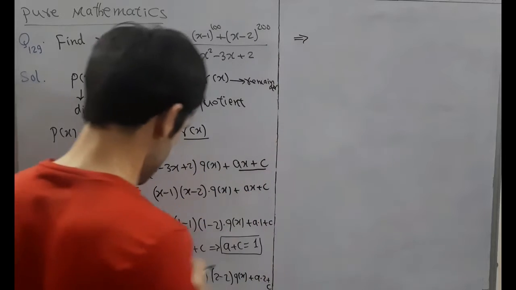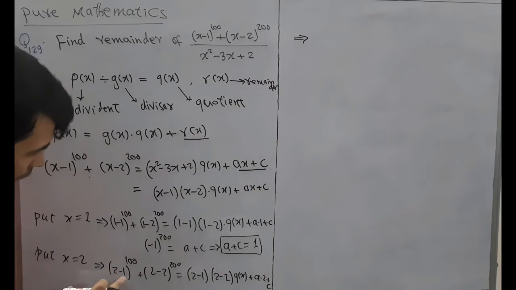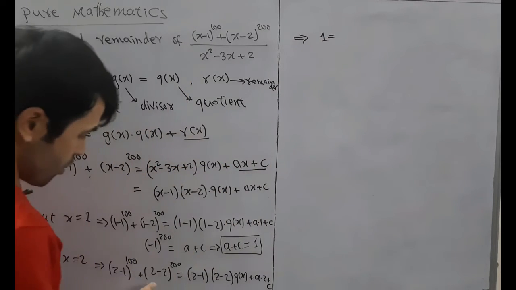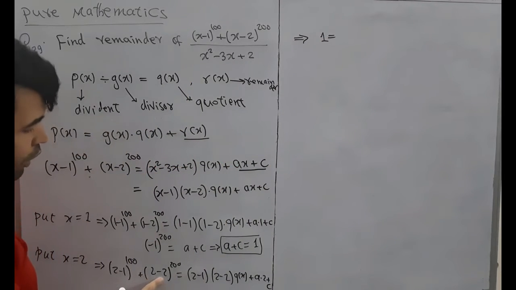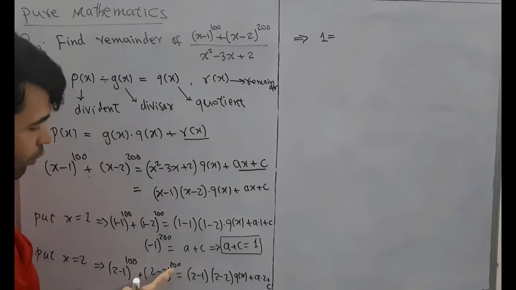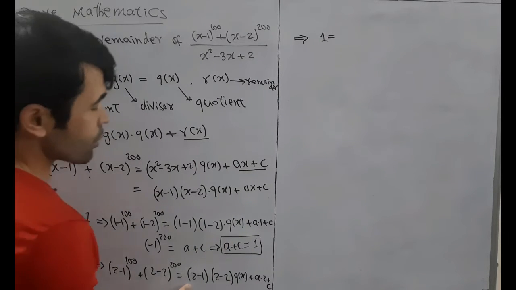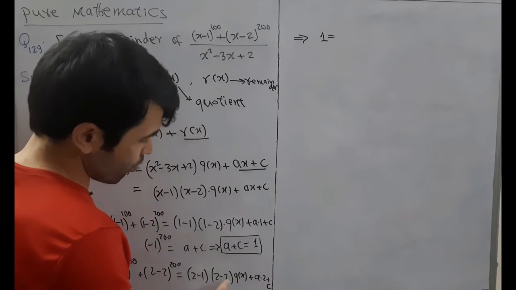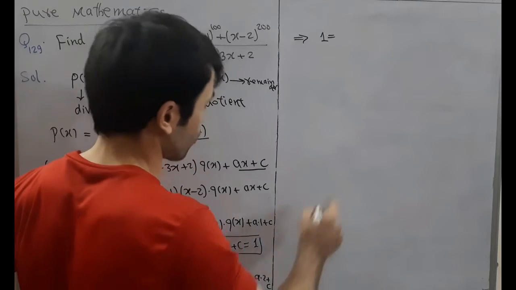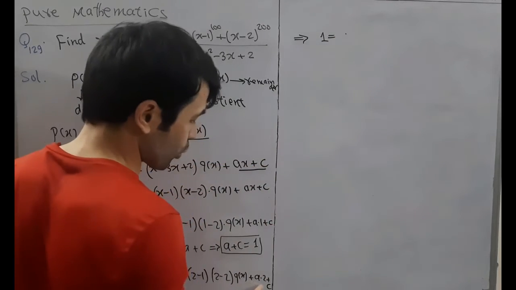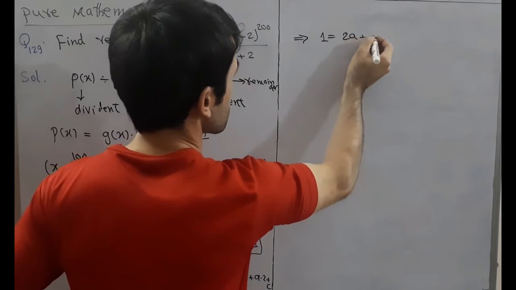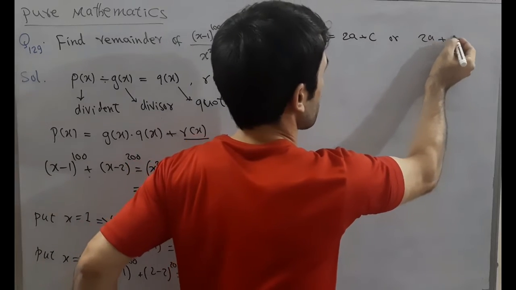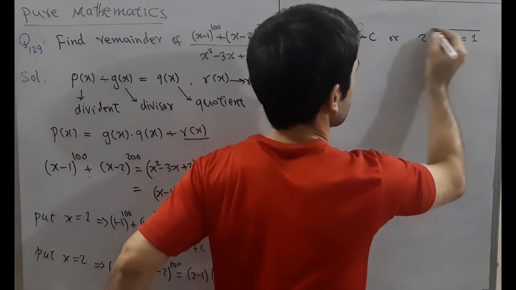This implies 2 minus 1 is equal to 1, and 1 to the power 100 is equal to 1. Plus 2 minus 2 is equal to 0, and 0 to the power 200 is equal to 0. On the right, 2 minus 1 is 1, 2 minus 2 is 0, and 0 multiplied by q(x) is equal to 0. Then a multiplied by 2, so 2a plus c is equal to 1.